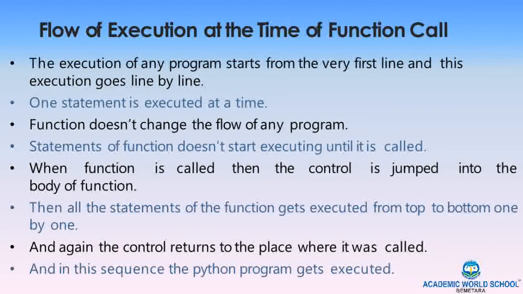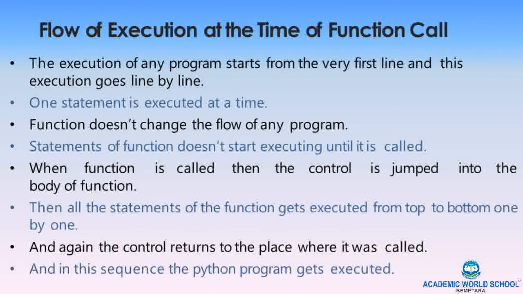A statement of a function does not start executing until it is called. Suppose you declare a function in a program and you do not call it, in that case the function statements will not execute, whether it is a 10 to 15 line function. Unless you call the function in the main program, it will not execute.